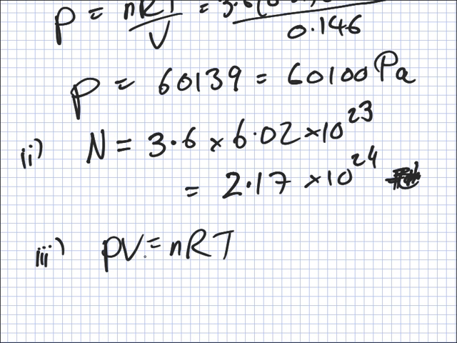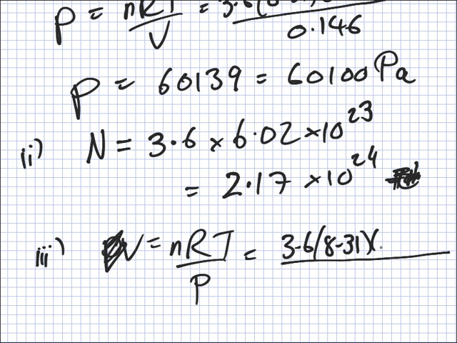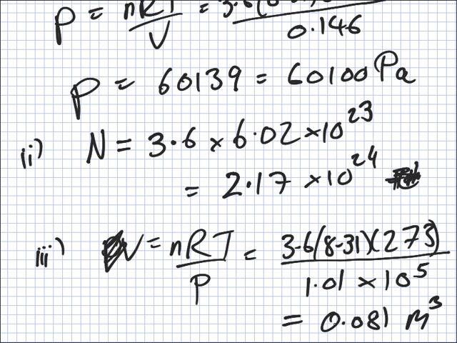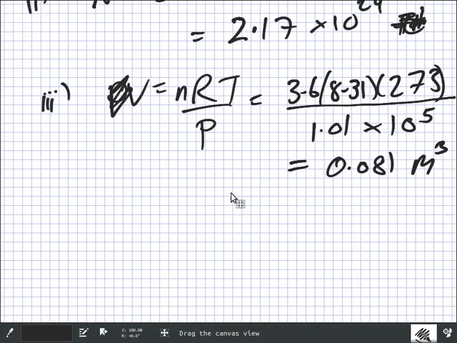PV equals nRT, we're looking for the V. So I divide by P. So that's 3.6 times 8.31 times 273.15 over 1.01 times 10 to the 5. 0.081 meters cubed.